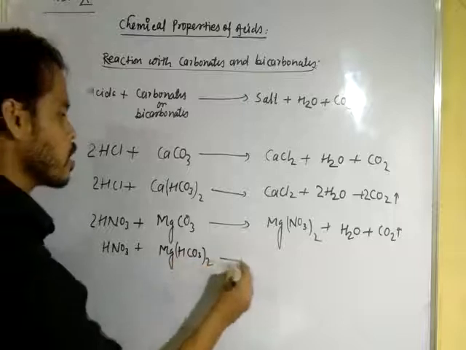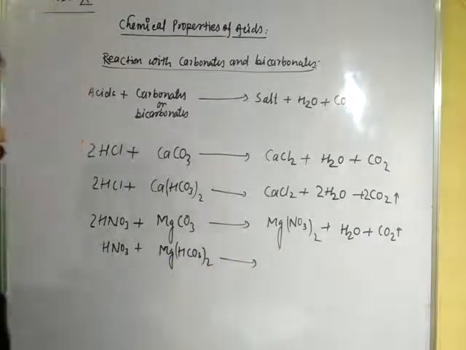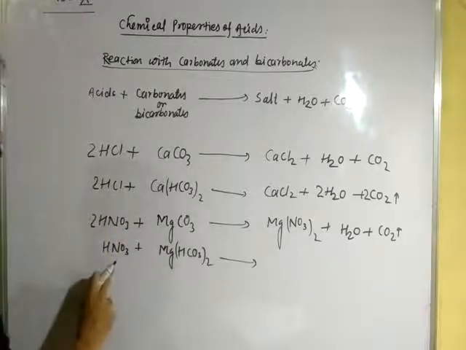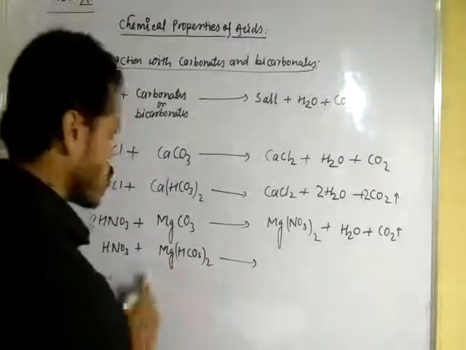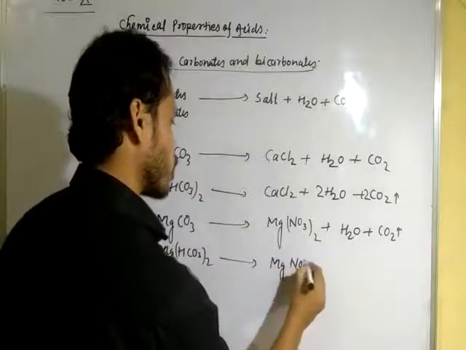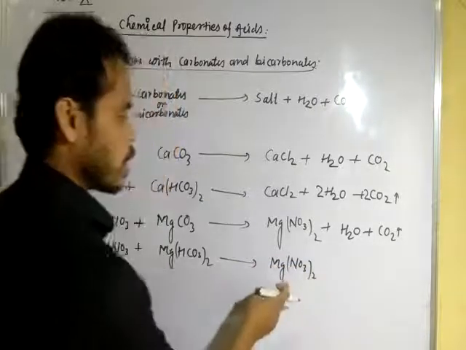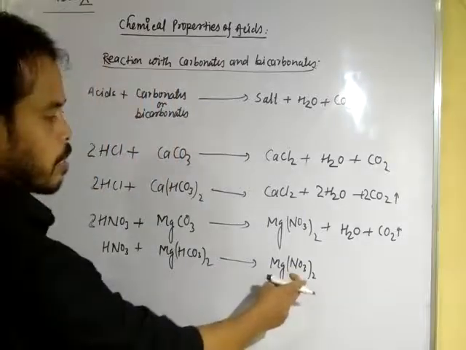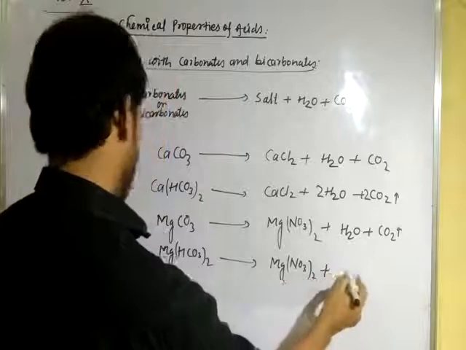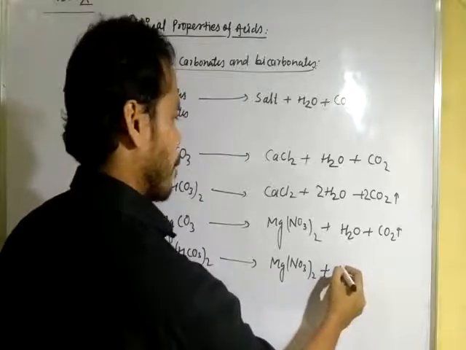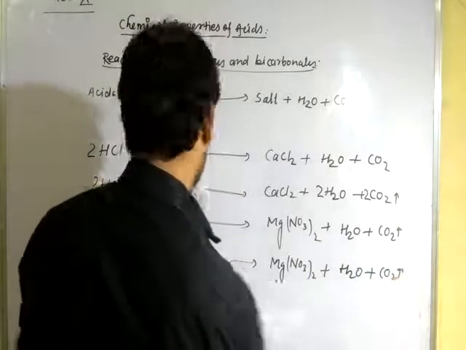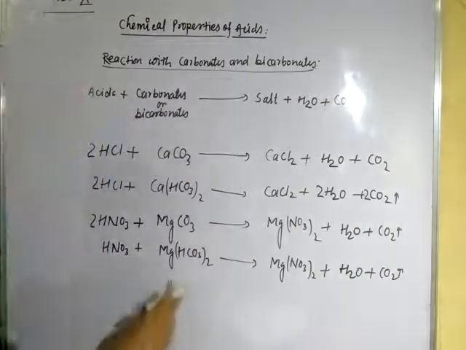Mg(HCO3)2. Okay, this is magnesium bicarbonate, and magnesium bicarbonate then reacts with this acid to form once again magnesium nitrate, Mg(NO3)2, plus H2O and CO2. Is the reaction balanced? Not balanced.